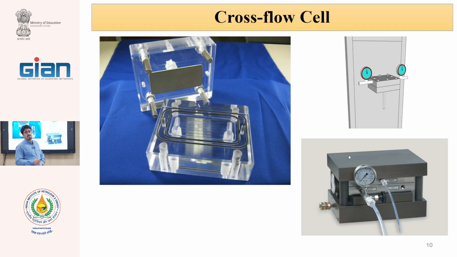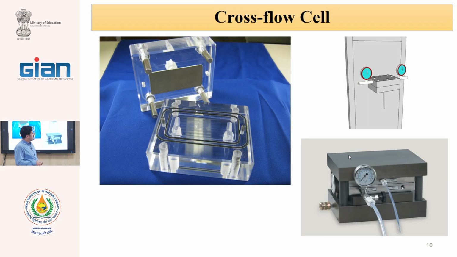If we want to test organic solvent resistance nanofiltration, where we separate some pollutants from organic solvents, in this case the material is PTFE, polytetrafluoroethylene. This is for RO, for high pressure, 50 atmosphere pressure.